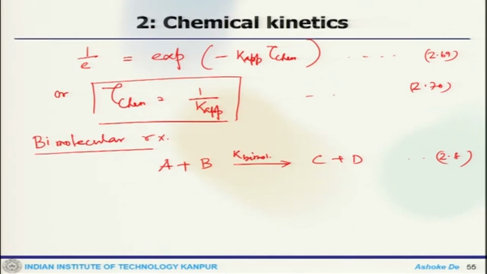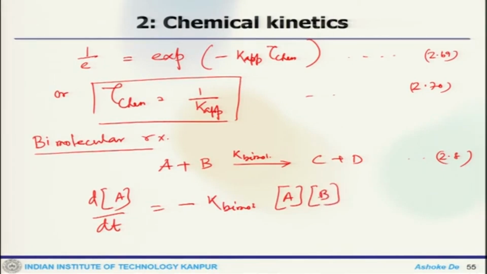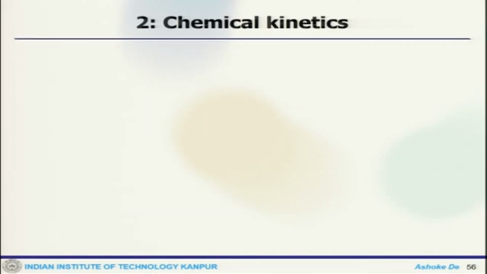So if you try to find dA by dt, it will be K bimolecular A and B, which is 2.9. So we have already seen this for a bimolecular reaction. Now, for this single reaction, A and B are related by stoichiometry, so any change in A has a corresponding change in B.